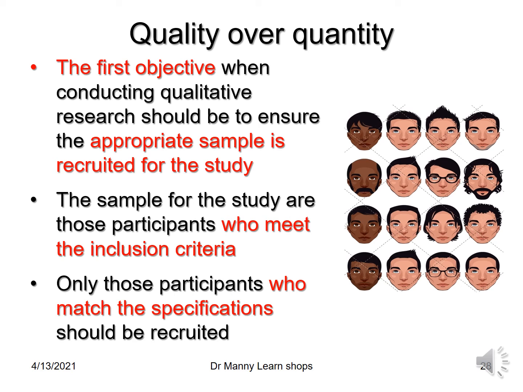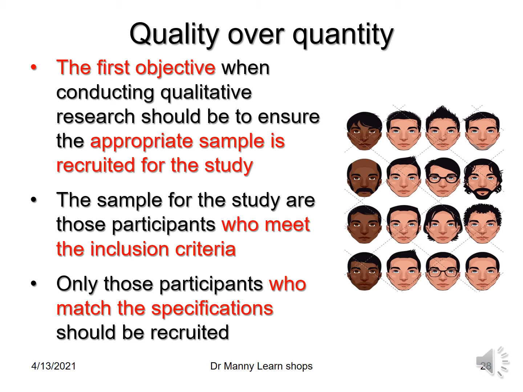If you're doing research about disabilities, there's no point recruiting healthy people. So the sample for the study are those participants, subjects, recipients, who meet the inclusion criteria. And it's only those participants that match your inclusion specifications that should be recruited.